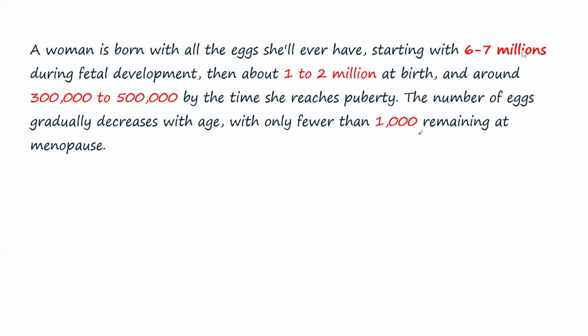And of course, around 300,000 to 500,000 by the time she reaches puberty. And then the number of eggs gradually decreases with age, with fewer than 1,000 remaining at menopause. So this is what happens.